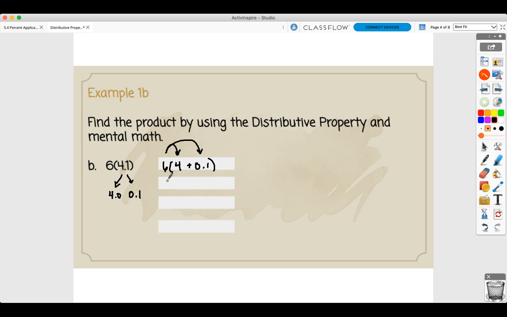So 6 times 4 is 24. 6 times 0.1 is just going to be 0.6. You don't need to work too hard on this, because the one decimal place to the left is still going to remain one decimal place to the left. And 24 plus 0.6 is just going to be 24.6. This is a little harder than the last one, but you can still do it mentally.